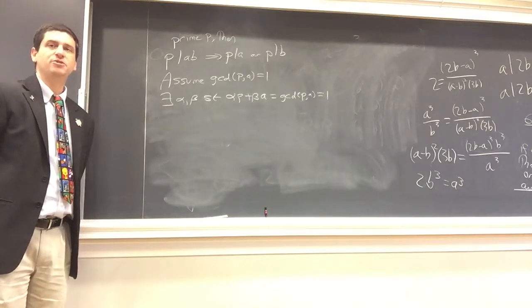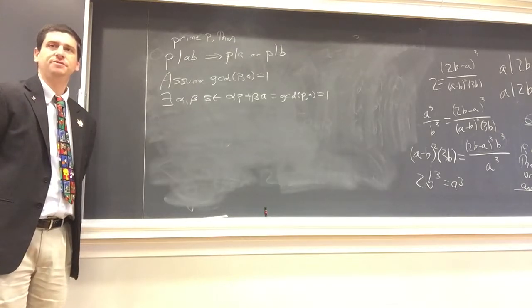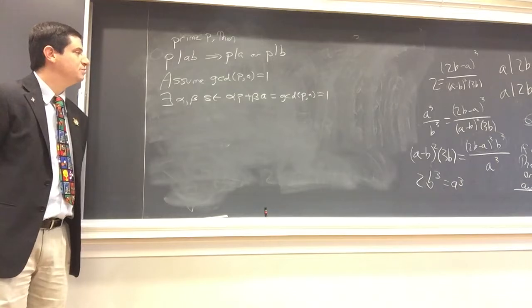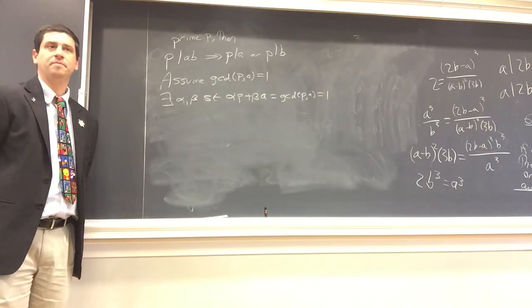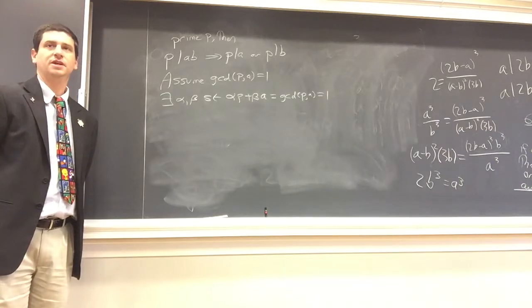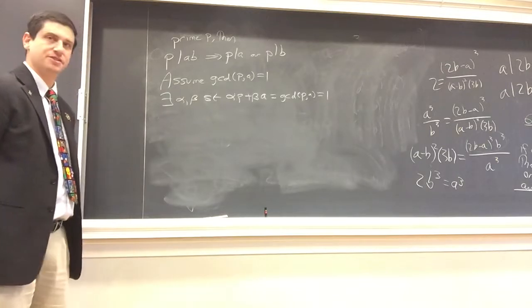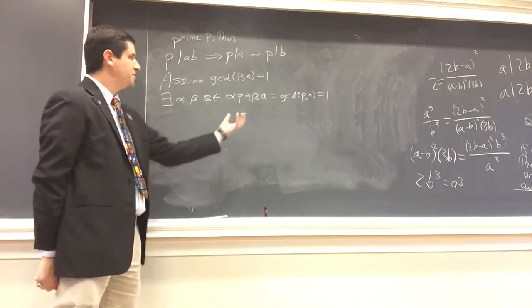For those of you who've taken abstract algebra, does that seem familiar? The question is, what do you need to prove that? Now, once you have this, what should I multiply both sides by?